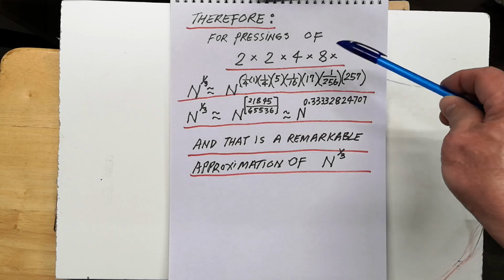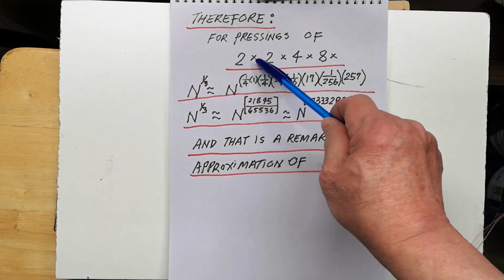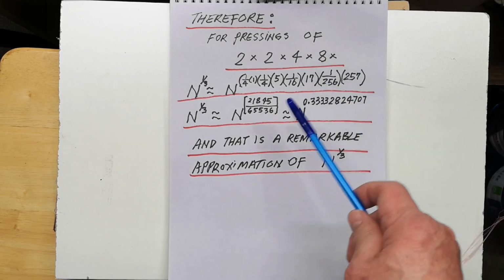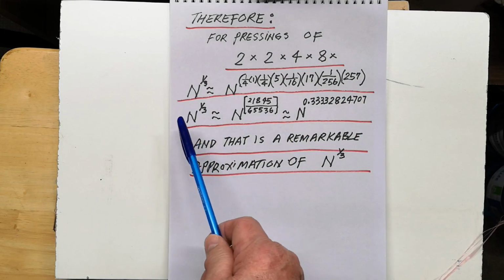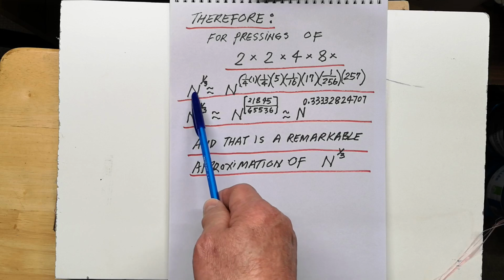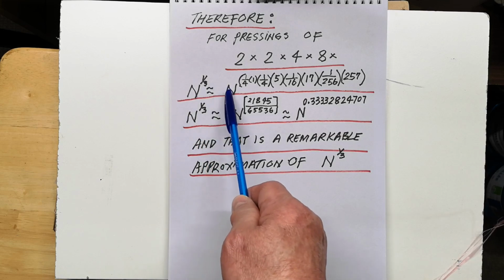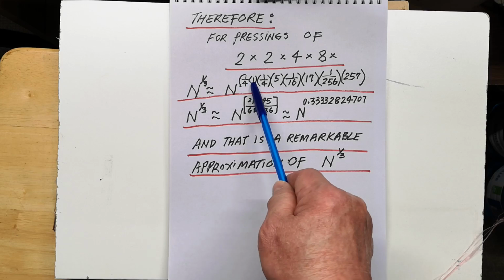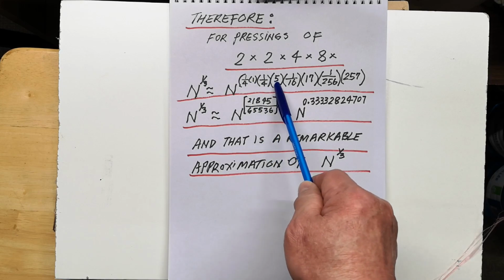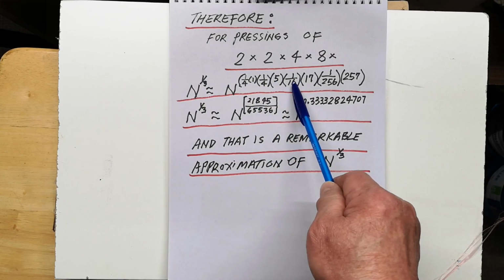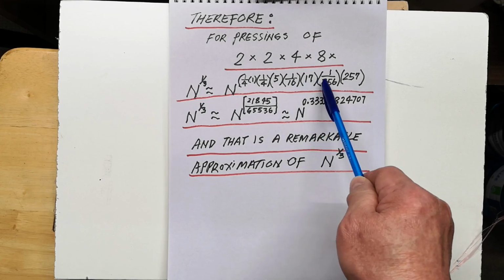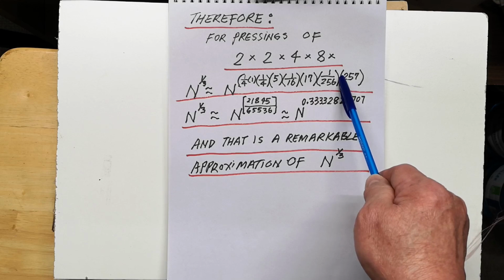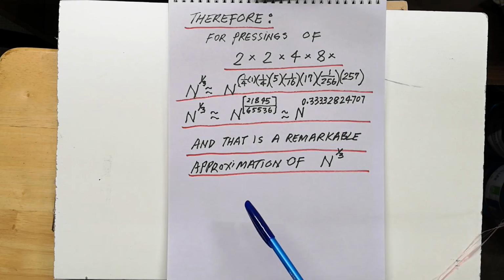Therefore, the pressings of 2 multiply, 2 multiply, 4 multiply, 8 multiply can be represented mathematically as the cube root of n approximately equals n raised to the 1/4 times 5 times 1/16 times 17 times 1/256 multiplied by 257.